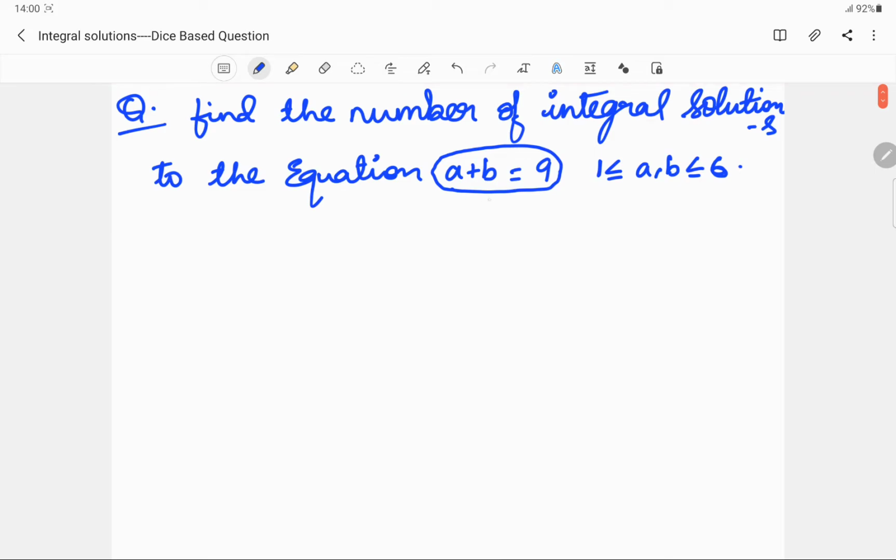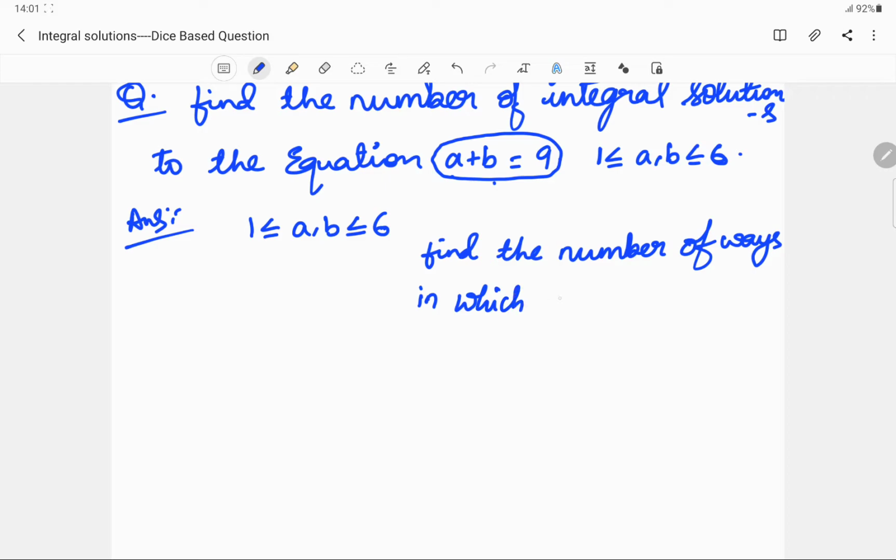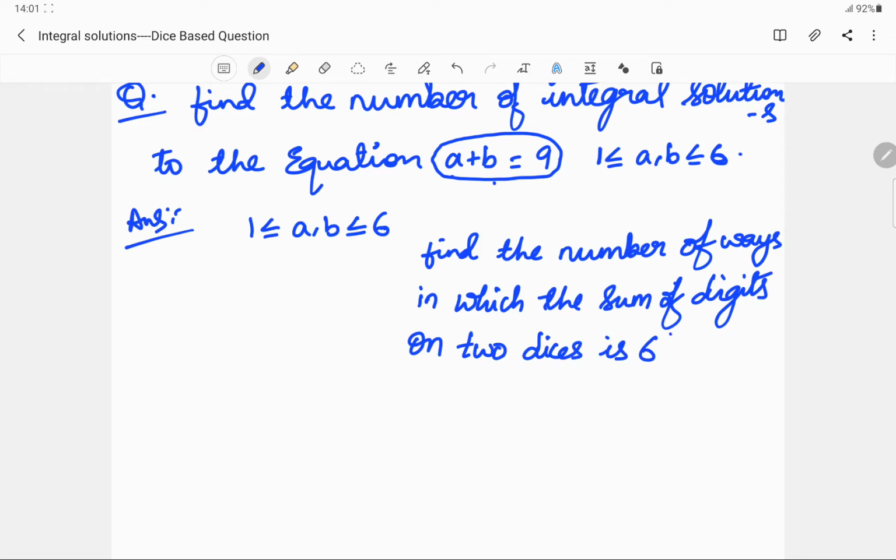Now this question, if you see, because the a values are lying from 1 to 6, including 1 and 6, this is similar to finding the number of ways in which the sum of the digits on the two dice is 9.